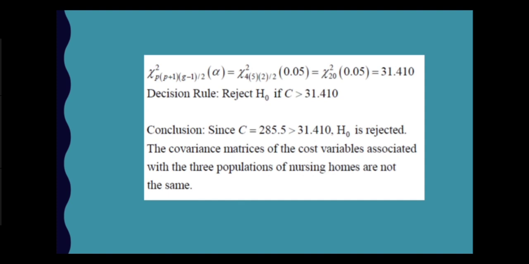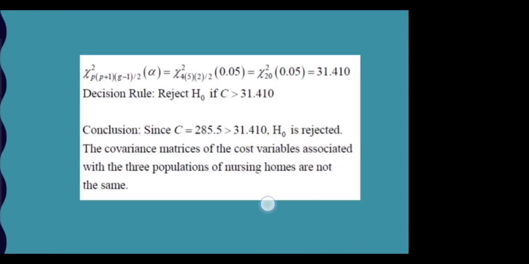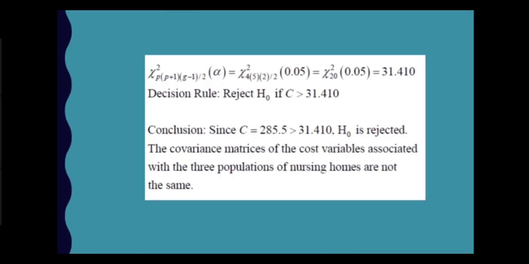Or you can just say that the covariance matrices are not equal for the 3 populations. Okay. Sorry, battery is low. Okay, that's all.